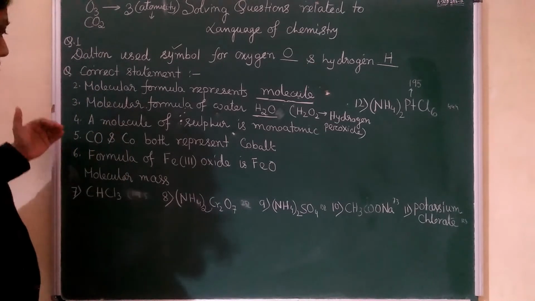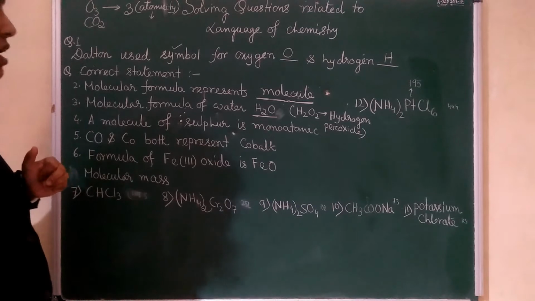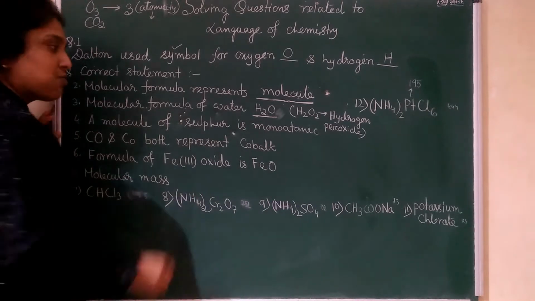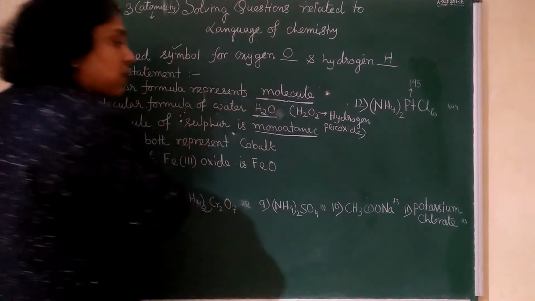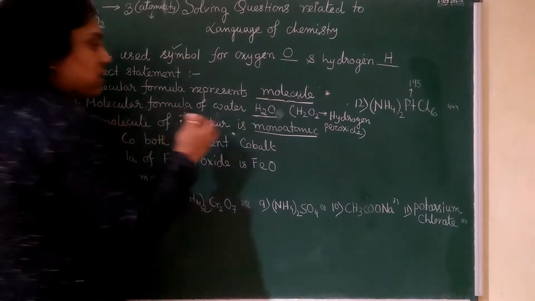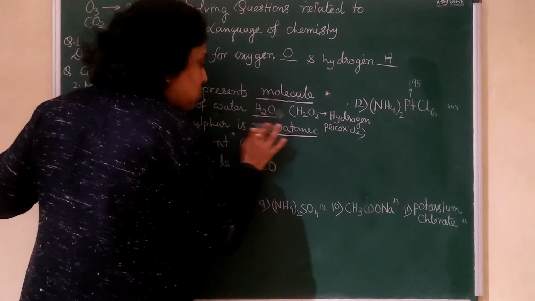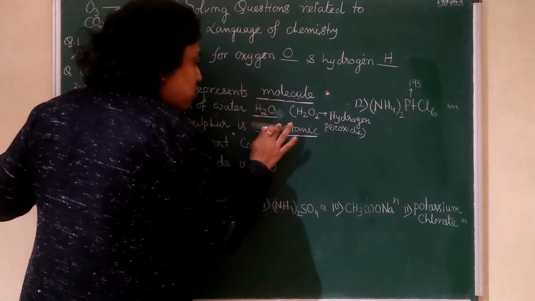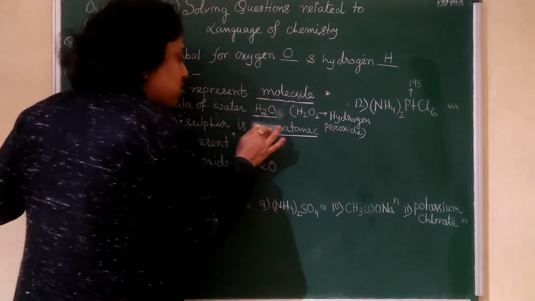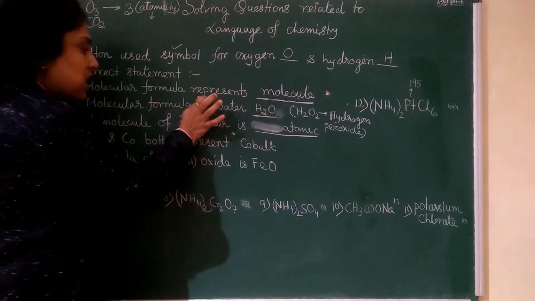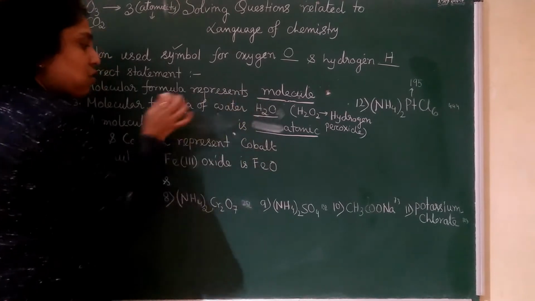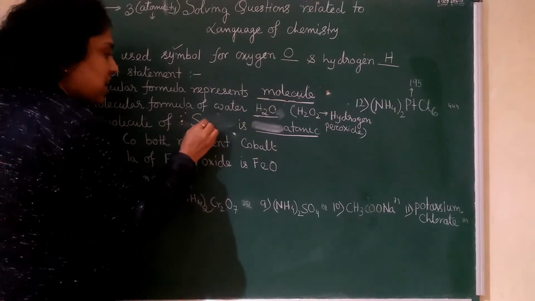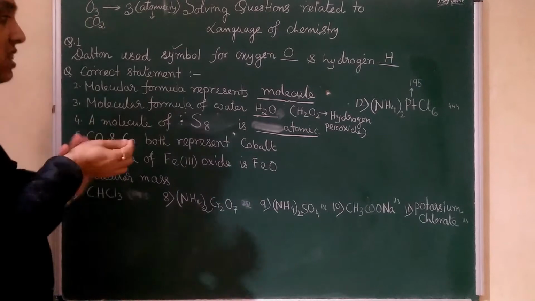So for sulphur, what is the molecule representation of sulphur? It is not monoatomic, it will be polyatomic. Why? Because when we write the molecular formula for sulphur, we don't write only S, we write S and then 8, S8.